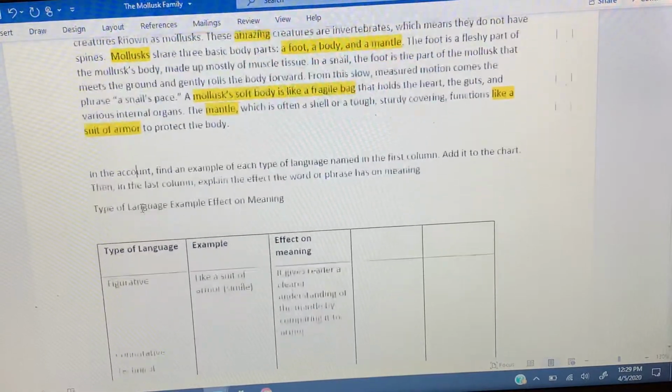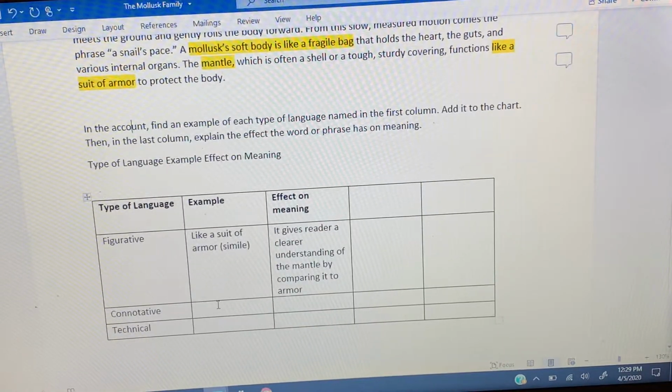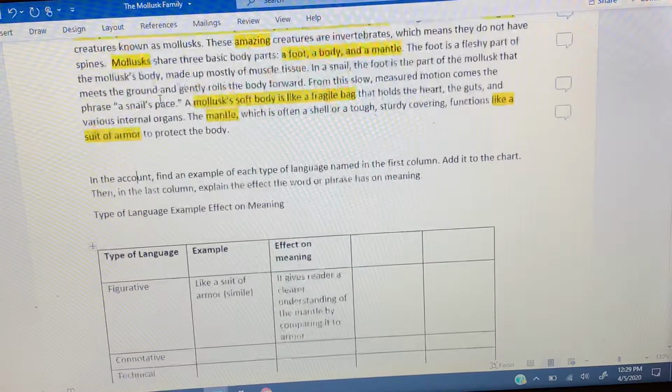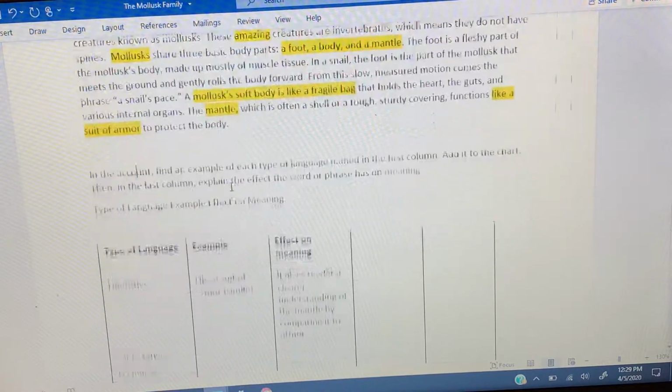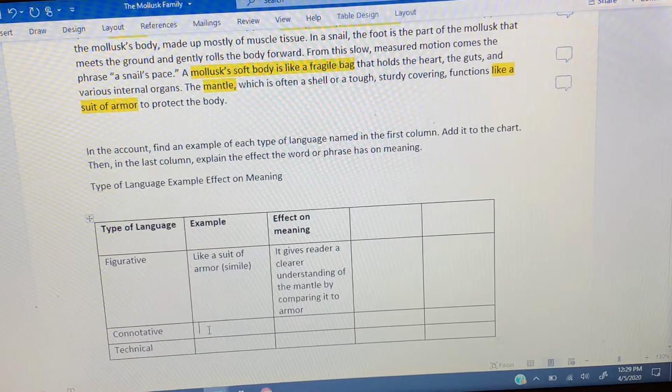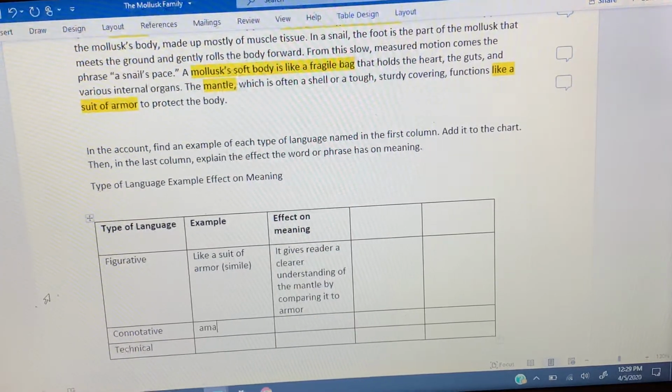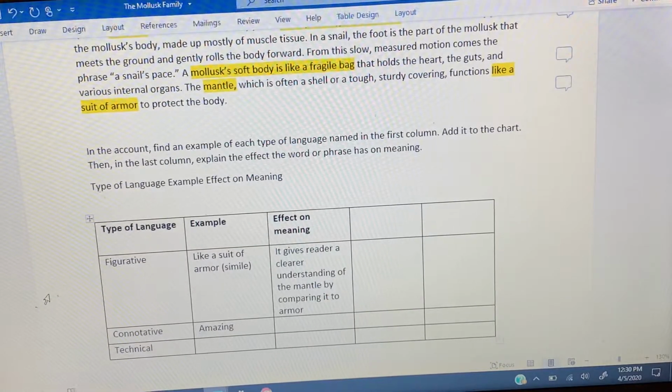Great. So our next task is to find an example of connotative meaning. And the only one that really popped out to me was this sentence, these amazing creatures are invertebrates, which means they do not have spines. So the word amazing is an example of a word that has connotative meaning. Amazing.